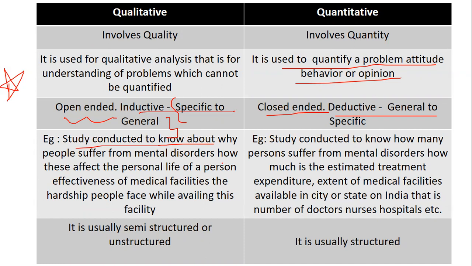In quantitative research, you find out how much they suffer, the quantity of their suffering, that is how much in nature. Qualitative research is semi-structured or unstructured, whereas quantitative research is completely structured.